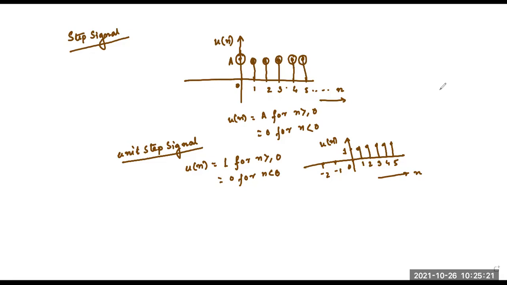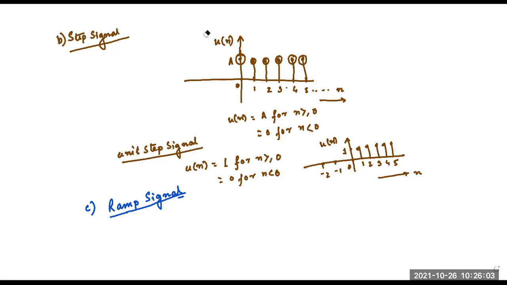So this is number 2, that is B. C, ramp signal. A signal which will look like this is our ramp signal.